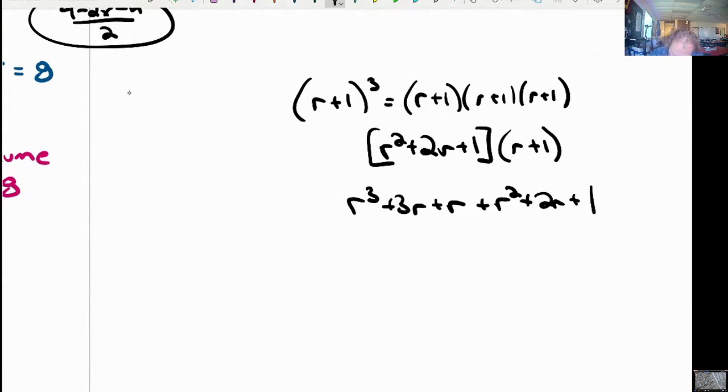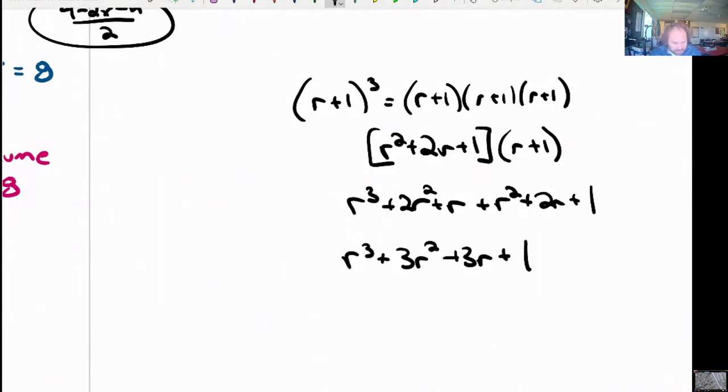This is R squared right there. Oh, that's a 2R squared. Okay, see, I'm all over the place. There we go. R to the third plus 2R squared plus R plus R. Okay, that's good. That's correct. I had to think about it for a minute. What we're going to end up with is R to the third plus 3R squared plus 3R plus 1.